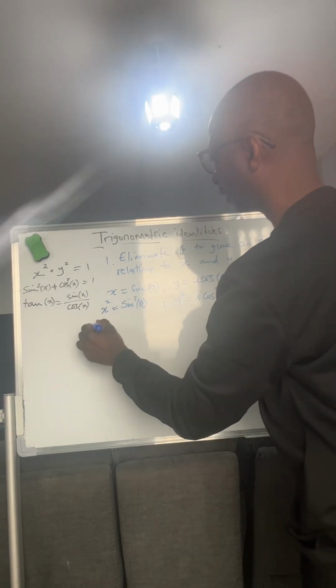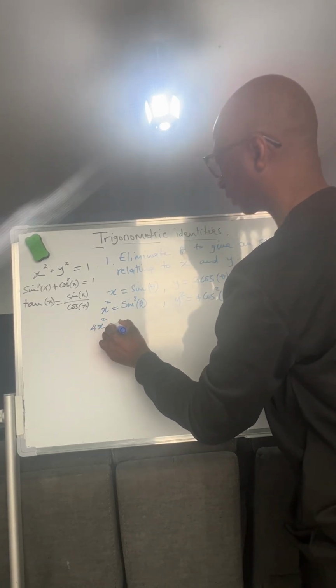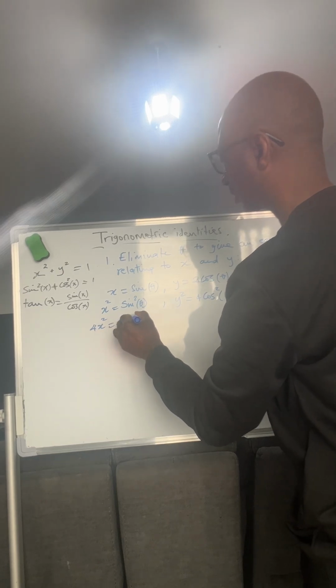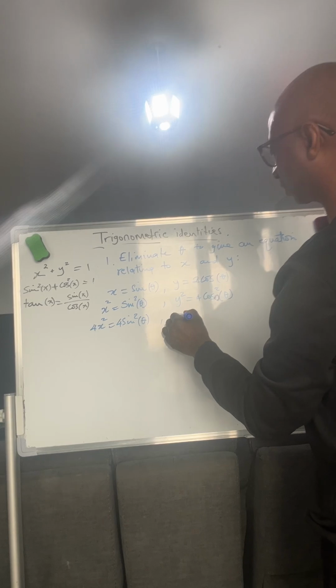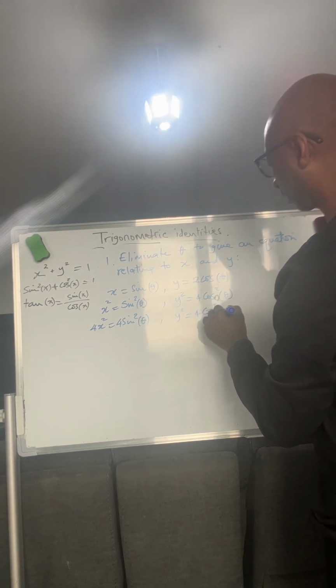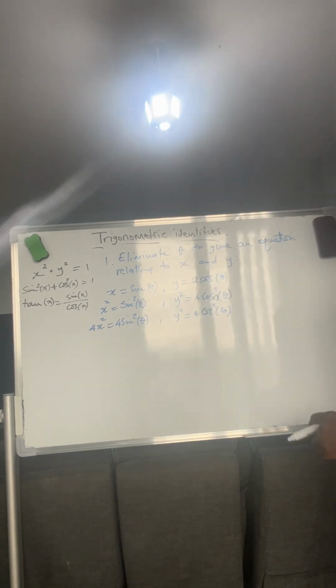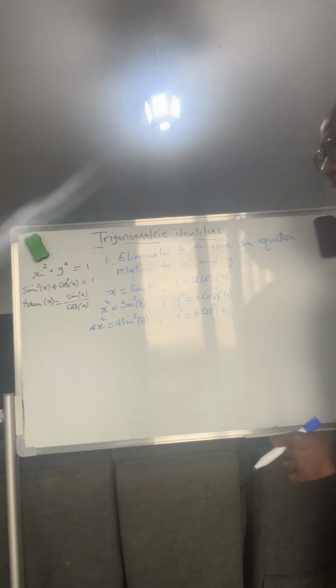So then, if we have 4x squared, this will give us 4 sine squared theta. And here, we still have y squared equals 4 cos squared theta. So now we have 4 cos squared theta, 4 sin squared theta. We know this is 1.